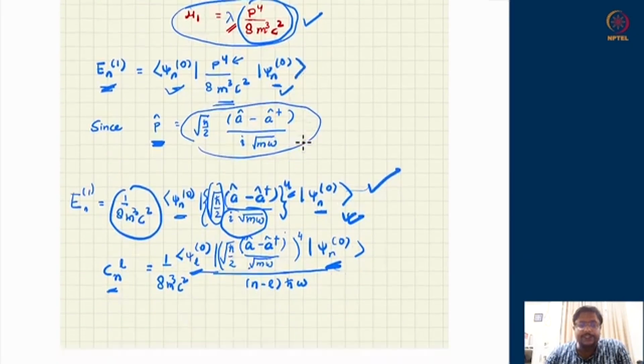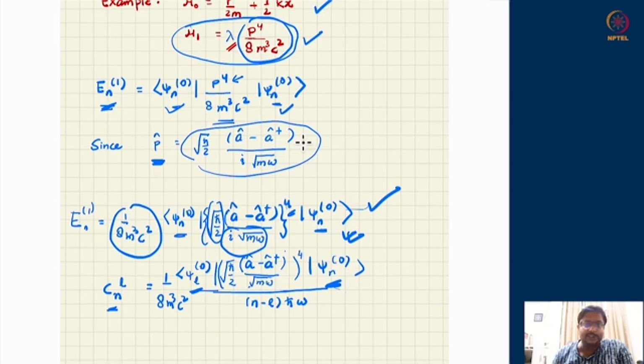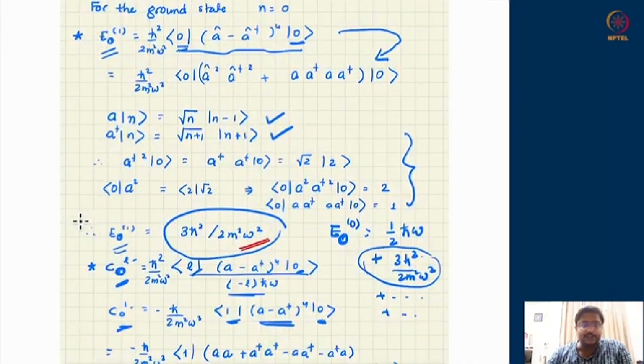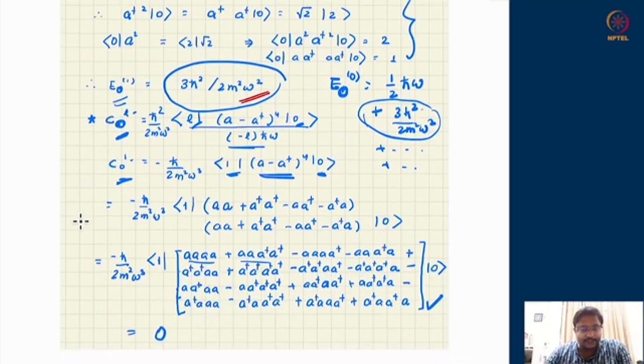So we computed those things for a harmonic oscillator with a Hamiltonian which is a relativistic correction to the kinetic energy, and we found the first order correction to the energy eigenvalue En1, and also the first order corrections to the energy eigenstate, the CNLs. In particular, I wanted to know how much the ground state gets changed.